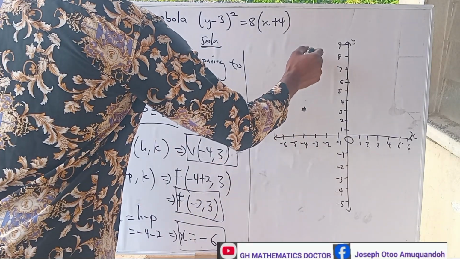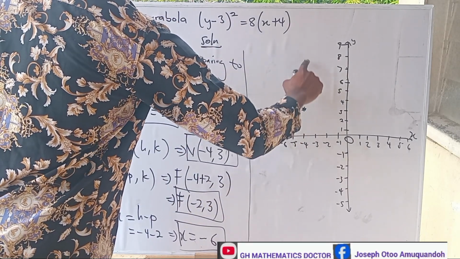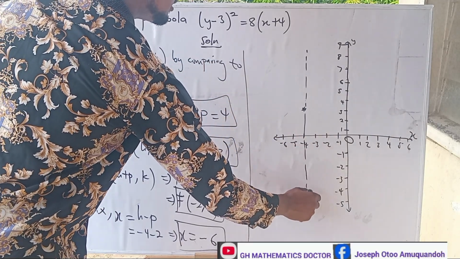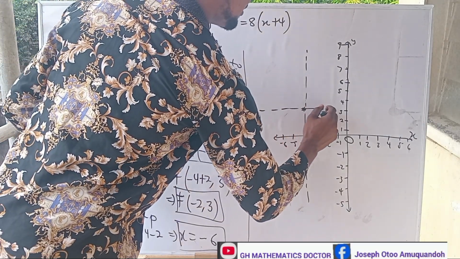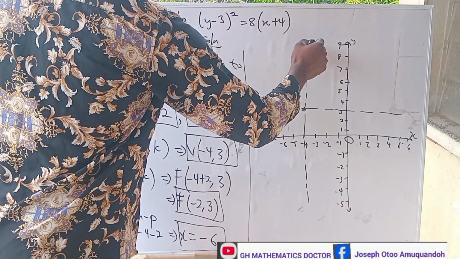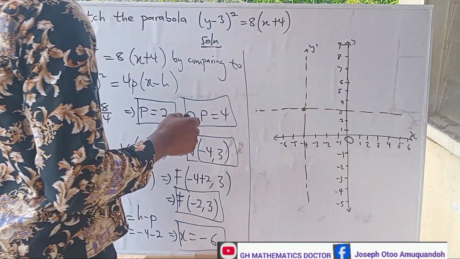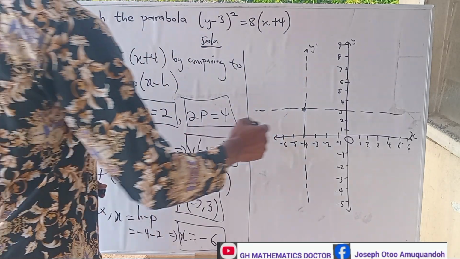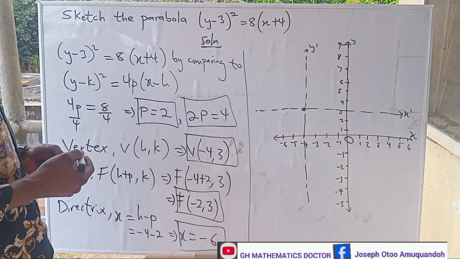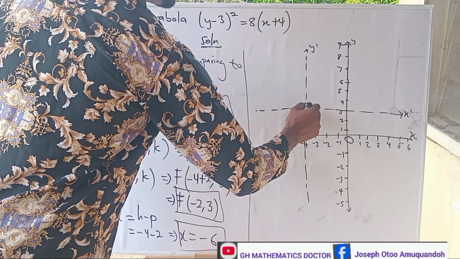You are supposed to draw a dotted line that will take the form of the xy plane to get our new plane for the translated parabola. This will give you the translation for the y, which is y prime. This will give you the translation for the x, which is x prime. And this point is called the vectors, our new point.